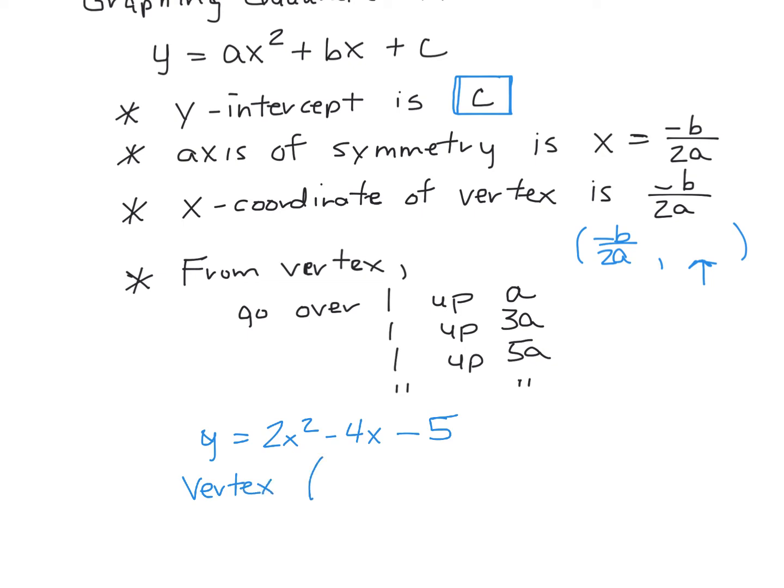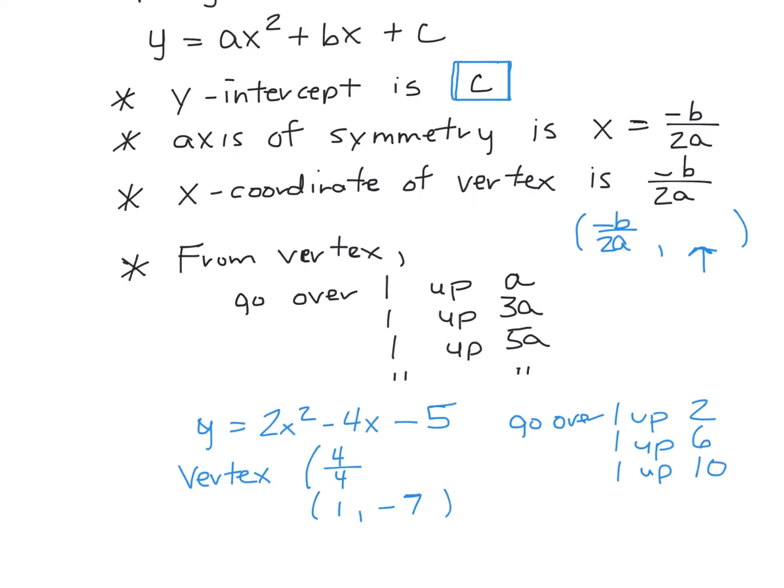Again, the x-coordinate would be negative b over 2a, so the x-coordinate would be 1. If I plug 1 in there, I believe I get negative 7. All right, and then from that vertex, we're going to go over 1 up a, which is 2, then over 1 up 3 times a, which is 6, then over 1 up 5 times a, which is 10.